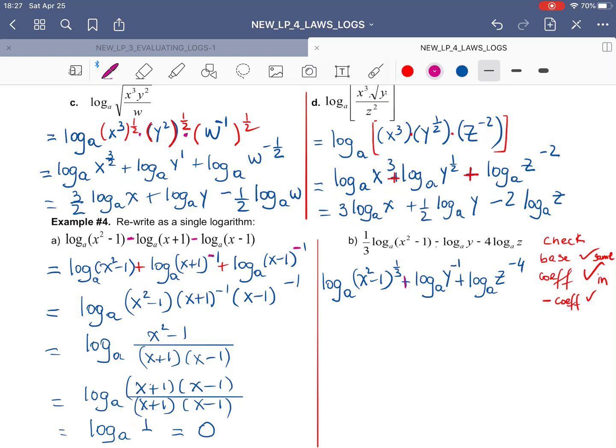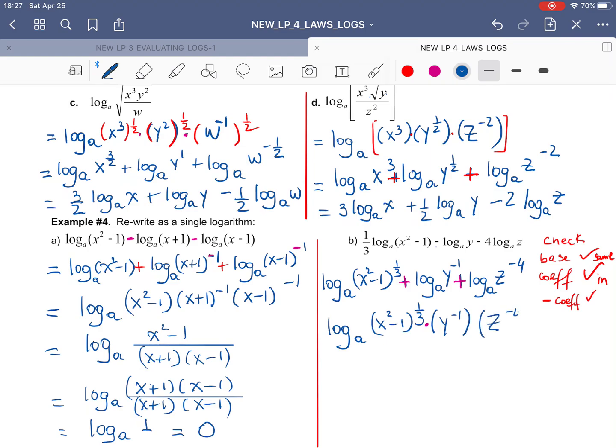So now that I know that all the signs between terms are positive, then we have log with base a of x squared minus 1 to the power 1/3 multiplied by y to the negative 1.